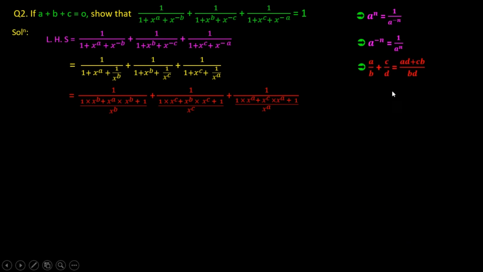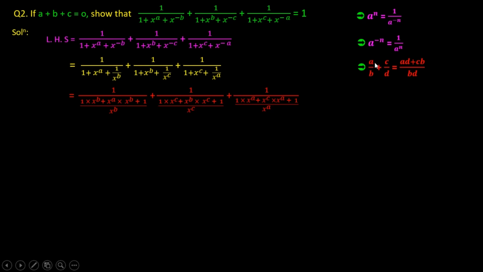Before taking the LCM, I will show you how to take it. As this is in the form a by b plus c by d, what you have to do is multiply these denominators, b times d. What is not here in b but is in the LCM, that is d, so we have to multiply the numerator a by d.